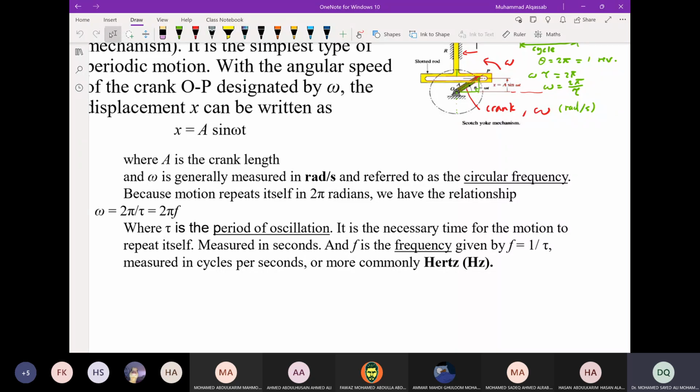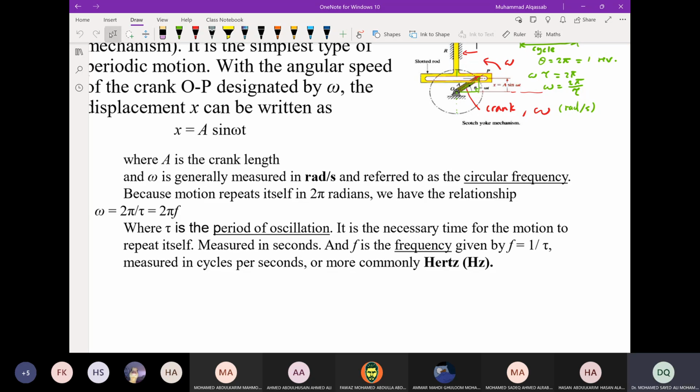This is the technical name for omega for the mass. As I said, it is speed for the crank, but for the mass it is the frequency, called circular frequency, given in radians per second. The frequency, as you know, is also given by hertz, which means cycles per second.